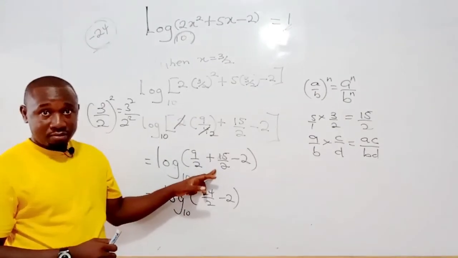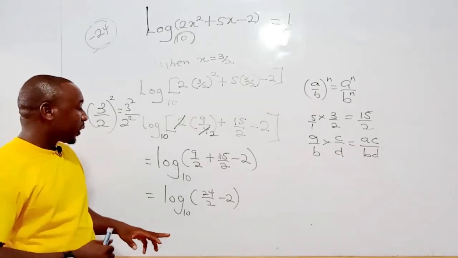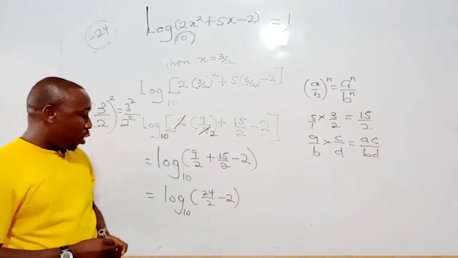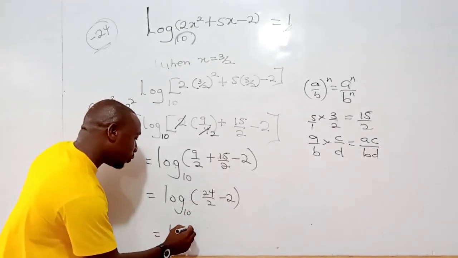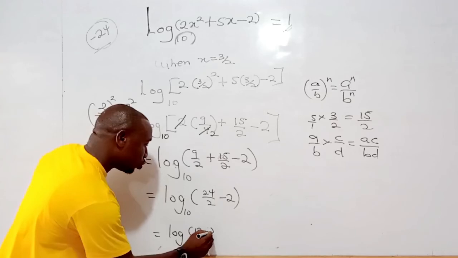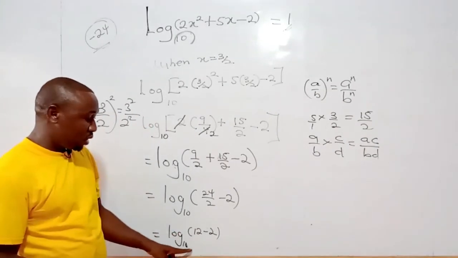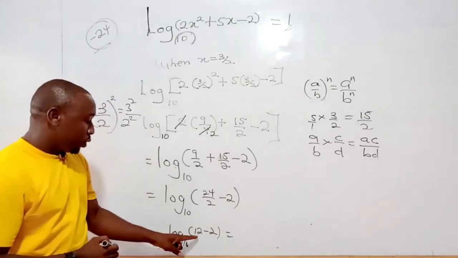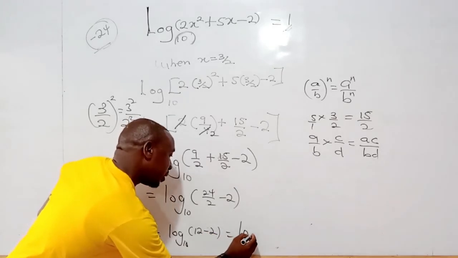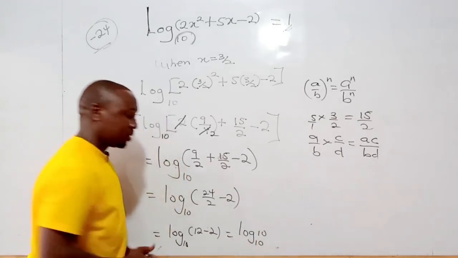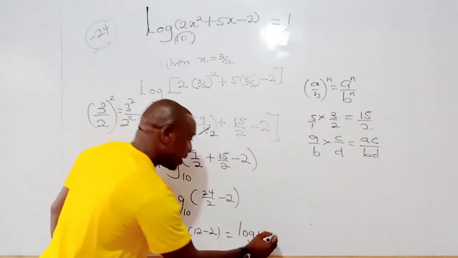Since the denominators are the same, we just add the numerators because they are like fractions. 24 out of 2 is 12. And this will give us log of 12 minus 2 to the base 10. And again, we know that 12 minus 2 is 10. And this still gives us log of 10 to the base 10. But the property is still working. If you have log of a number to the base of the same number, it is still 1.